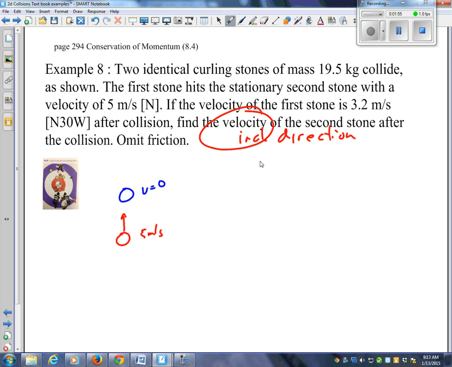So after the collision, the red one is headed off this way at 30 degrees. So that would imply then that the blue one would be headed off in that direction, right? And our job is to find the angle and the speed, keeping in mind that momentum is conserved. We'll find out.